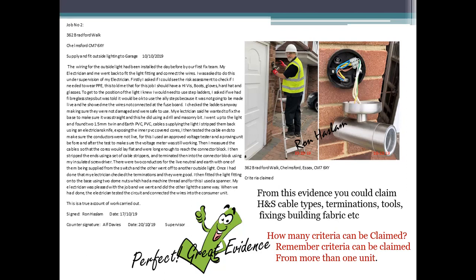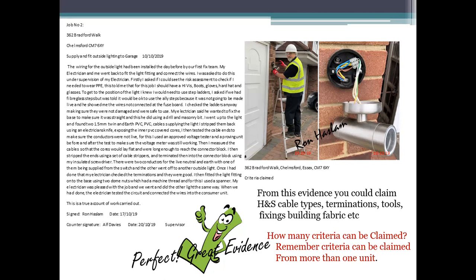We then have a close-up of the light fitting, which gives us the fact that we can see that it's been supplied by a PVC twin and earth. We can see that the cables have been correctly identified, because we've got earth sleeve on the earthing cable, so we've got cable identification. You can see that it's a normal screw termination connector block, so we can claim that from our criteria.